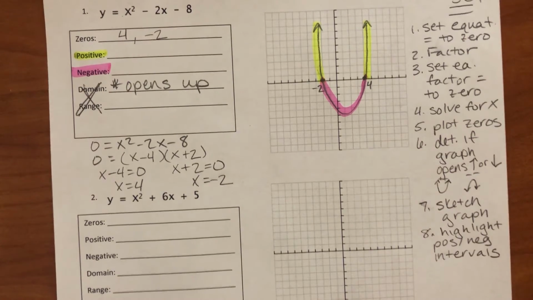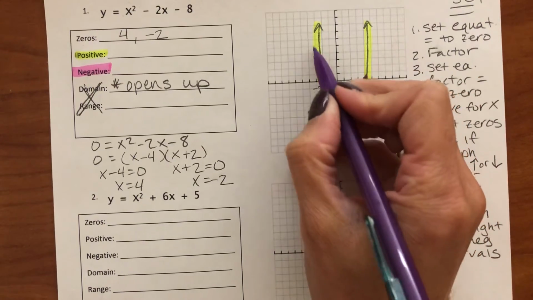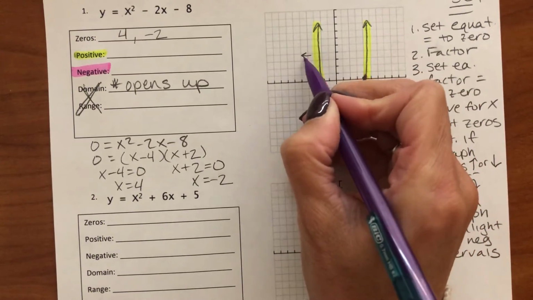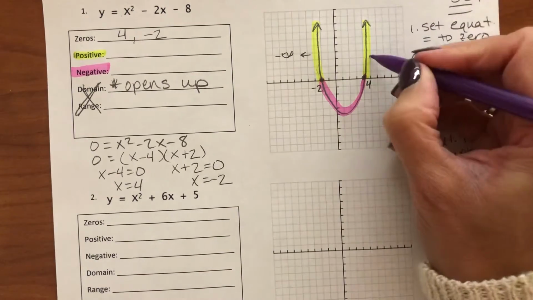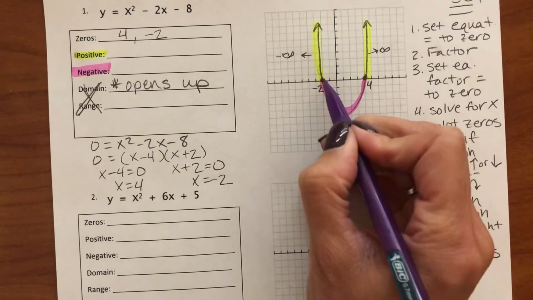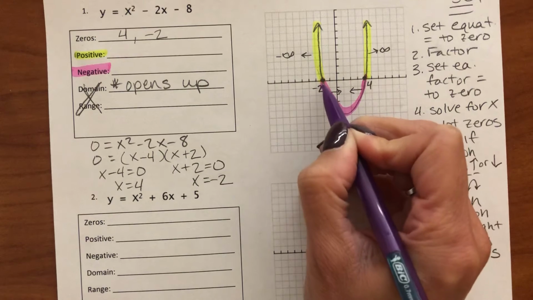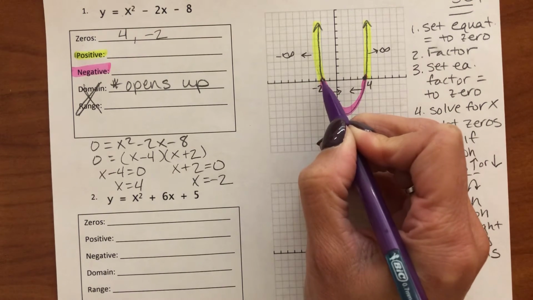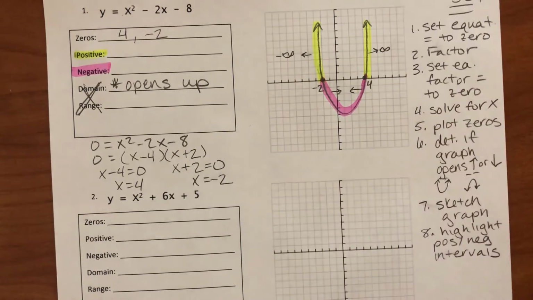Okay. Now I'm going to draw my arrows to show direction of the interval. So this interval is going this way towards negative infinity. And this interval is going this way towards positive infinity. And this interval is going to the right here and then switching direction and going to the left here.